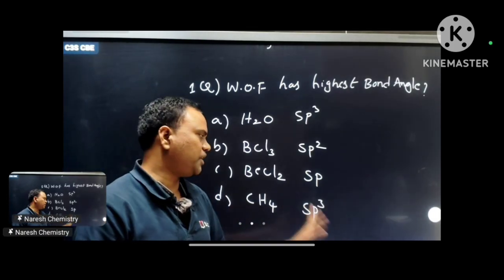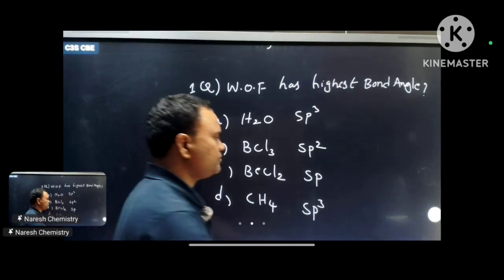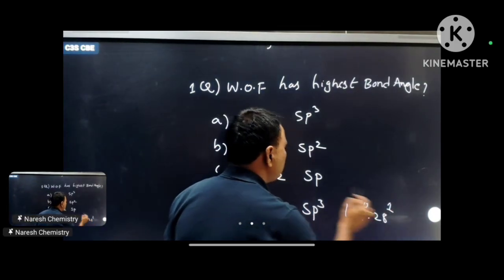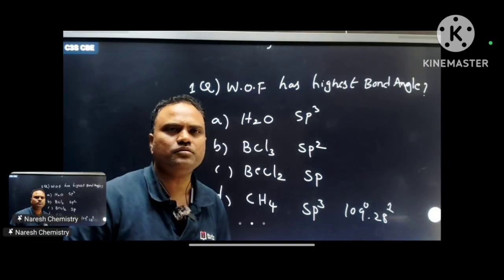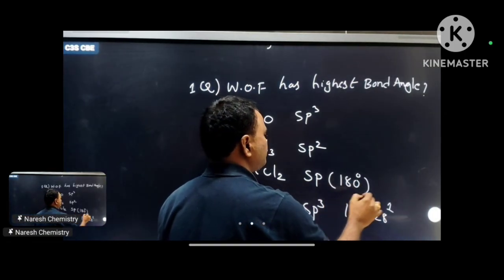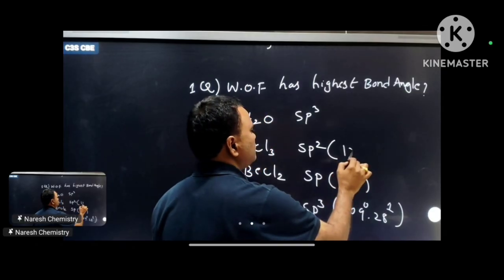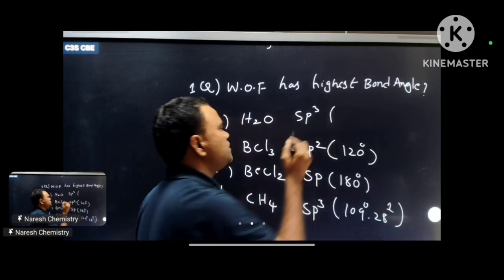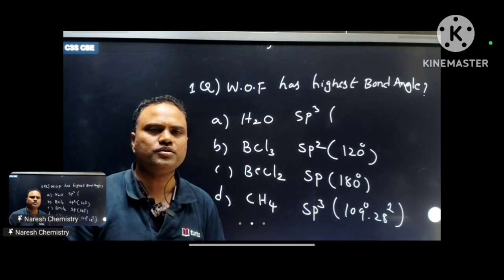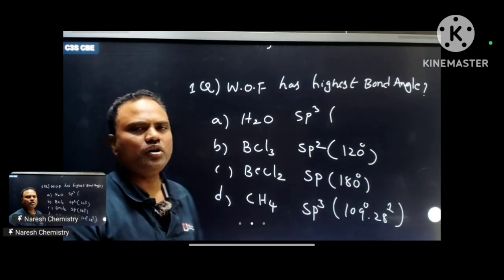If hybridization is sp3, then the bond angle is 109 degrees 28 minutes. If hybridization is sp, then 180. sp2, 120. Water and ammonia are exceptional cases of sp3. What is the bond angle in water?